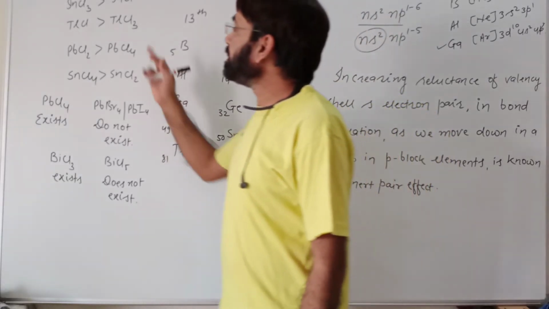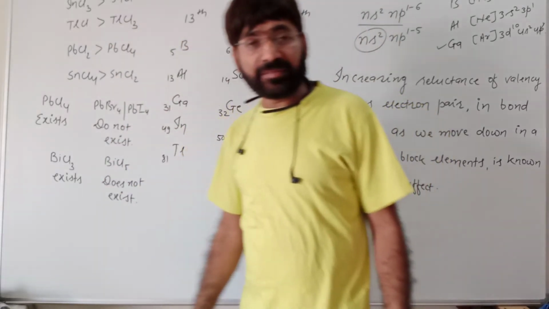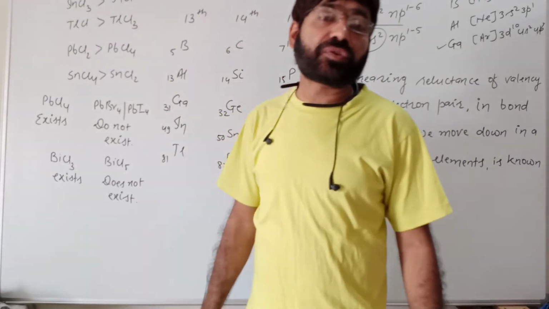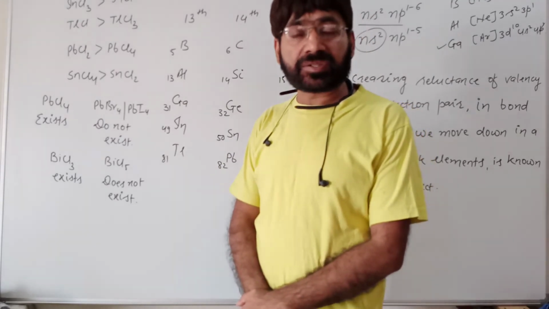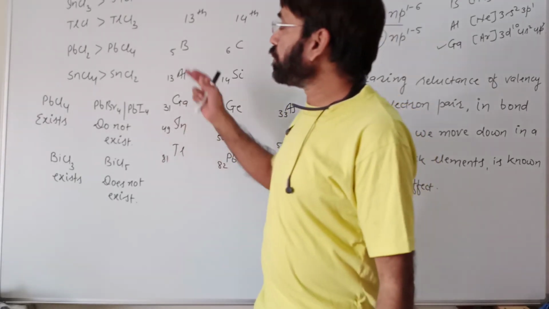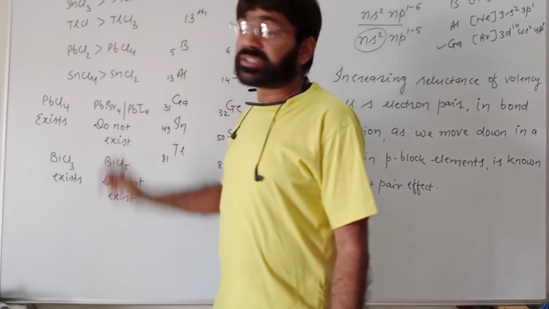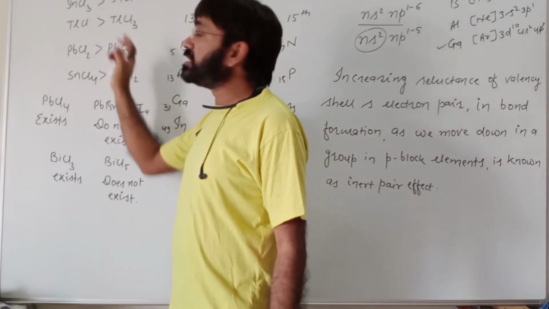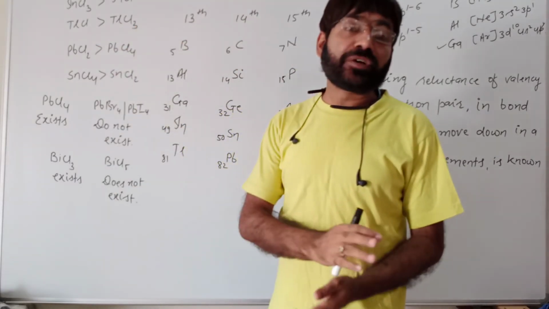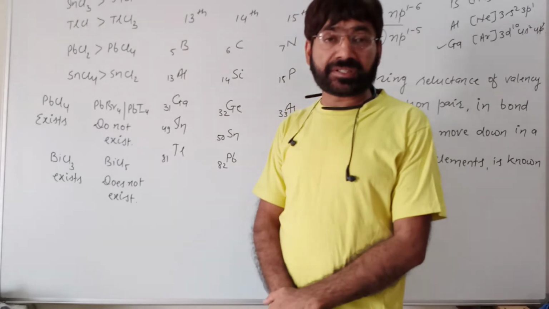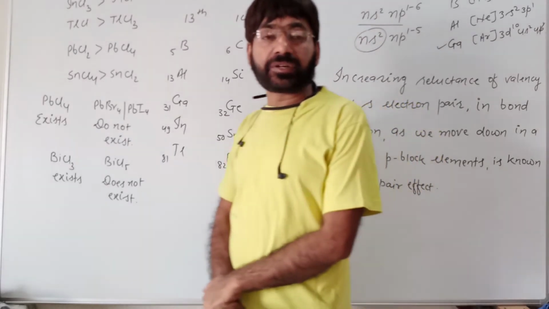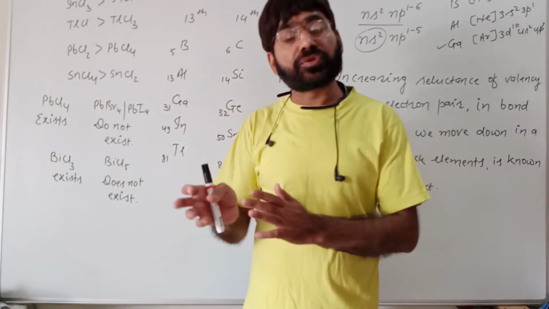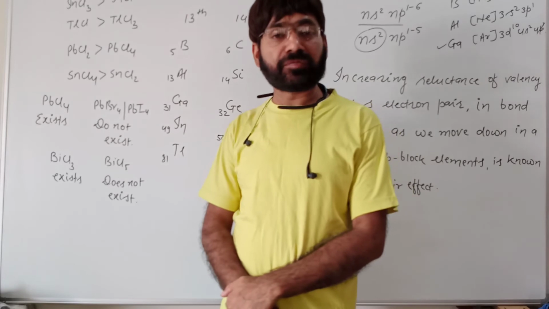Now the same type of question can be asked for TlCl3, which wants to enter into TlCl, because for thallium the +1 oxidation state is more stable than +3. So if TlCl3 is being used in some chemical reaction, it will be trying to enter into that +1 oxidation state, and hence it is undergoing reduction, and the species which undergoes reduction causes oxidation of the other species present in the reaction mixture.